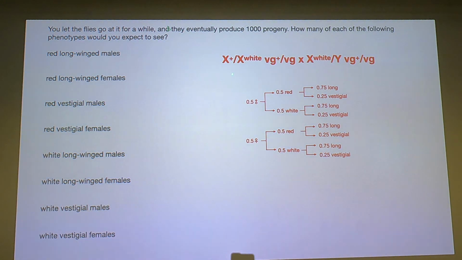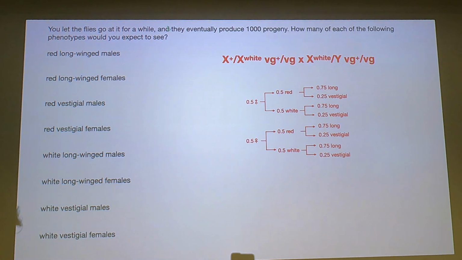So we got this female crossed with this male. We're going to get 50% red-eyed, 50% white-eyed. When we look at the females over here, that's going to produce 50% red and 50% white. And then we just had explained to us we're going to get a 3-to-1 ratio for vestigial, so there it is. So you can just multiply those all out. And that will tell you the frequency of each of the different phenotypes.